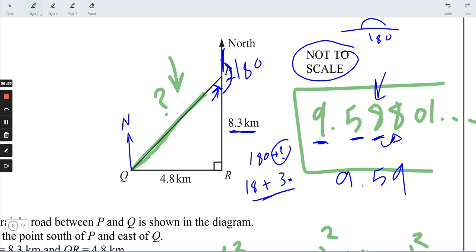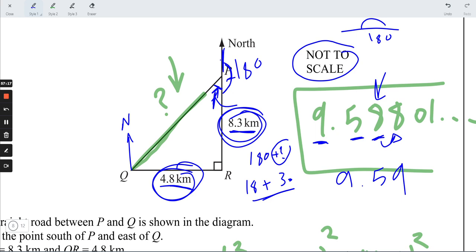It's known this length and this length, so you can use adjacent and opposite to find the angle using a trigonometric function, which is tan, because tan is the only trigonometric function that can join the opposite side with the adjacent side according to this angle here.